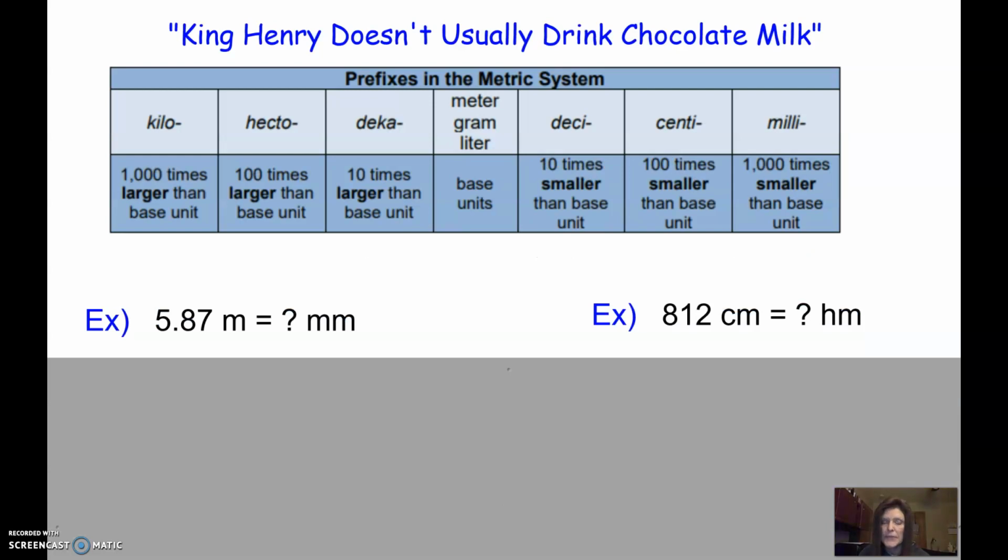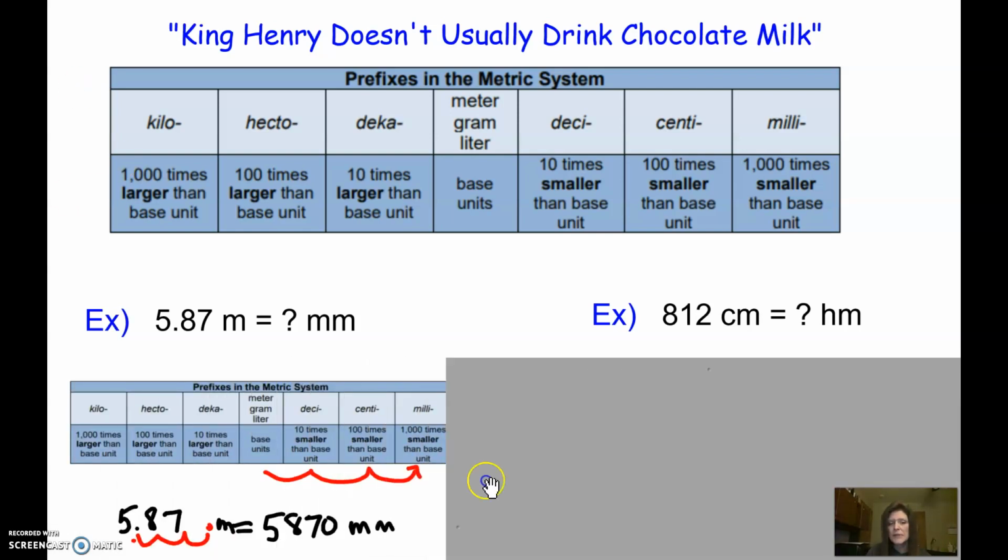Now for the work. Let's see if we can actually do the conversions between metric units. We'll save converting from metric to US for another video. Right now I want to look at 5.87 meters. How many millimeters would that be? There are different ways you can do this. In this example, I take that little chart and think, all right, we're starting with meters, which is my middle unit here, and I'm going to convert to millimeters.